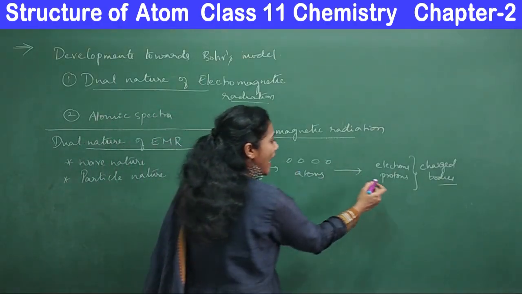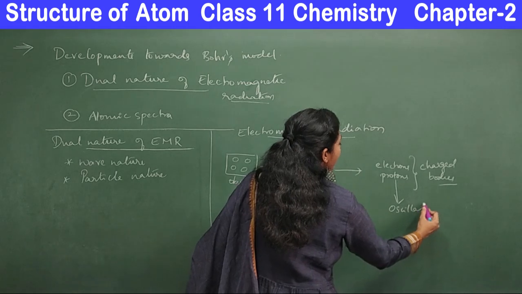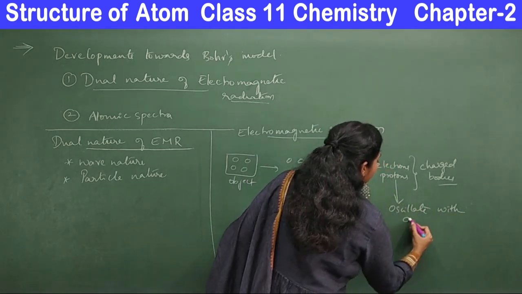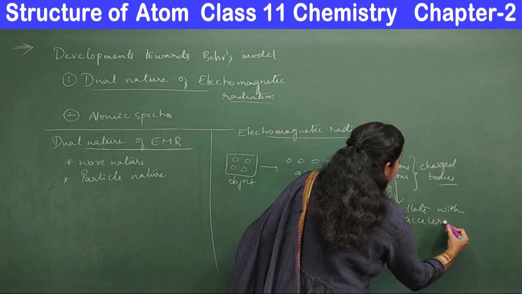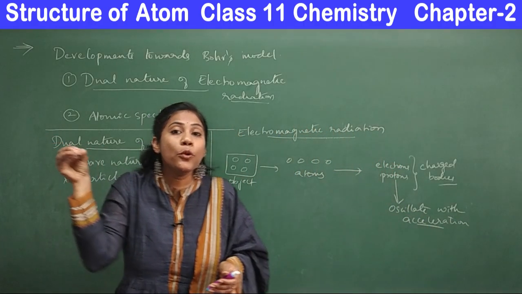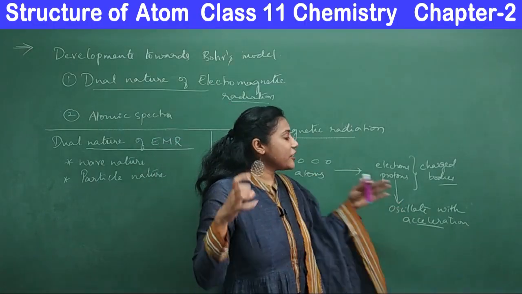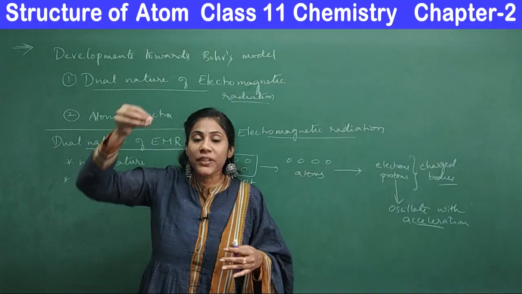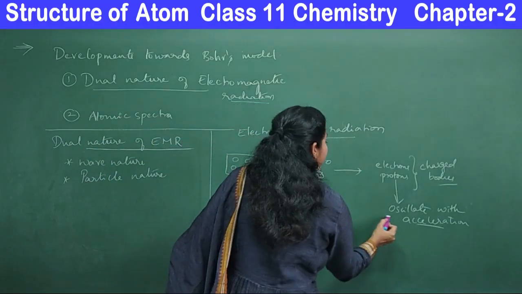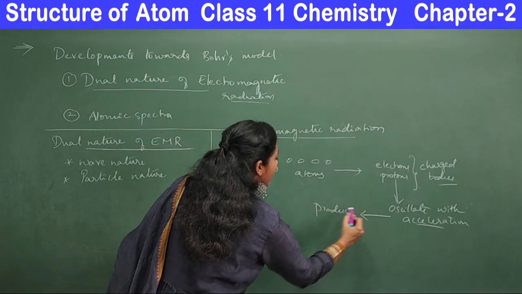So when these charged particles continuously oscillate with certain acceleration, what do you mean by this? When they continuously move with certain speed, right? Oscillating with acceleration means when they continuously move with certain speed, they produce electric and magnetic fields.